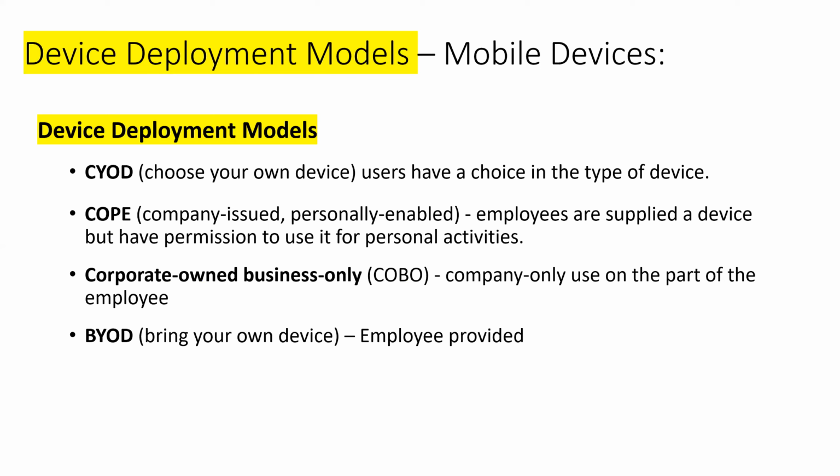Now I'm going to go back to COPE just quickly. That means the company's giving you a device, but you can do your Facebook and your social media and some personal things. So it's company issued, but you can do personal work on it. Of course, BYOD is kind of the predominant device we're seeing now. That's your personal device, laptop, phone, whatnot.